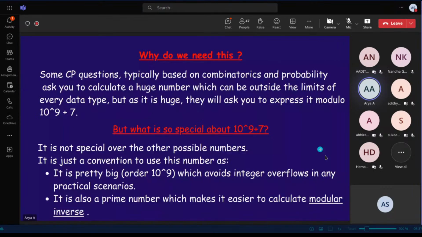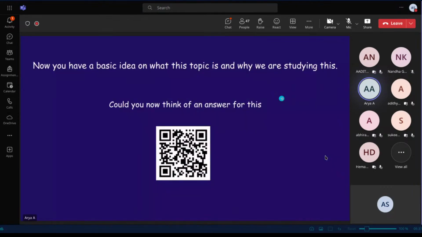So let's move on. Now you have a basic idea of what this topic is and why we are studying this. So could you think of an answer for this? It's a Slido question.